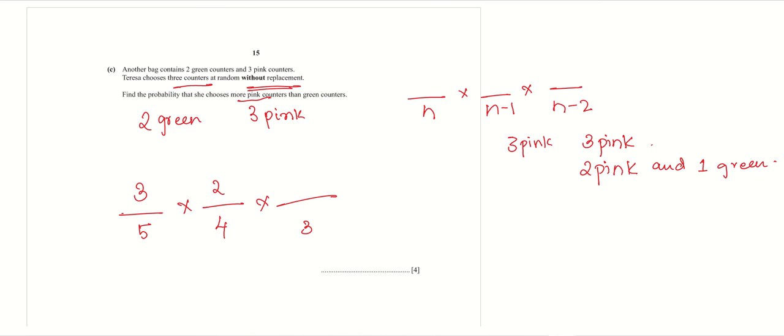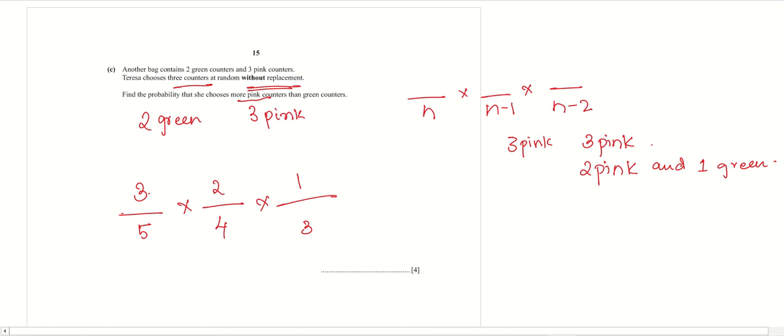So that means that already 1 pink is gone. Now there would be 2 pink counters left. Similarly, in the second time she took away another pink, so there would be just 1 pink left for her to take, and she takes it. So that's why it would be 1 out of 3.